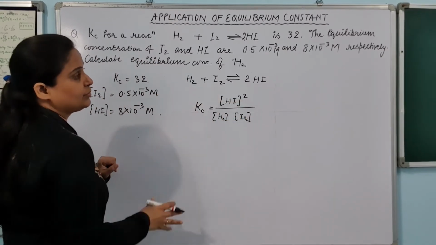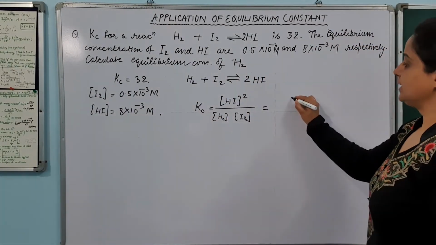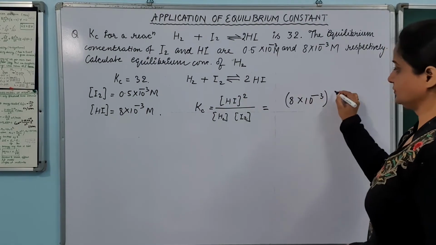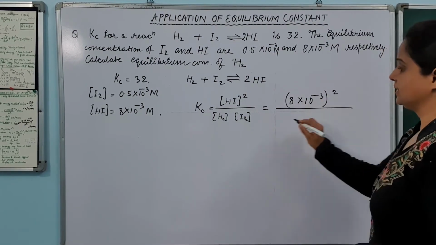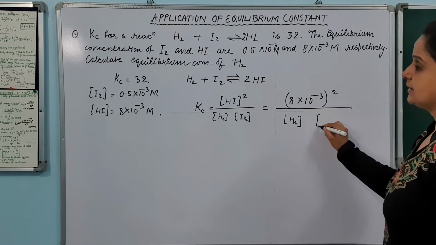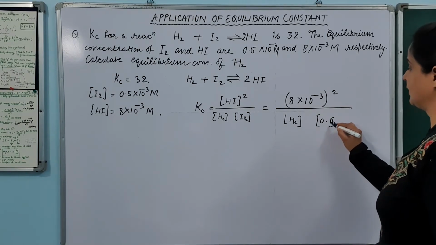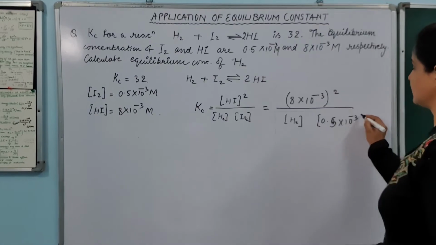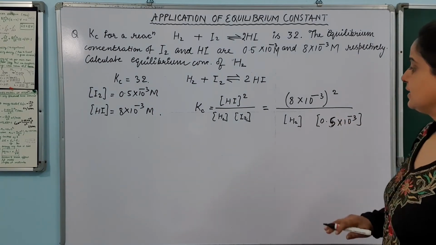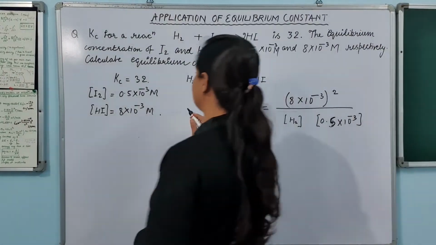Okay. Now I am going to put the values here. So what is the concentration of HI given to you? 8 into 10 raised to power minus 3, raised to power 2, divided by hydrogen का concentration, which we are asked. Iodine का concentration is given to you, 0.5 into 10 raised to power minus 3 M. Now Kc is also given to you, so here I am writing down the value of Kc.